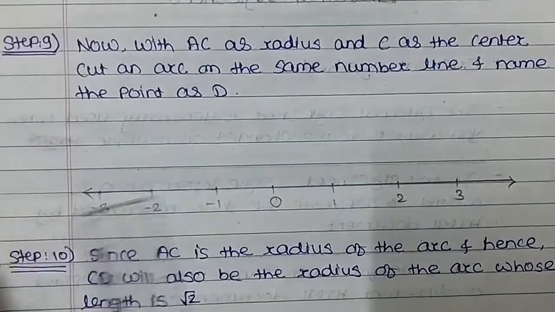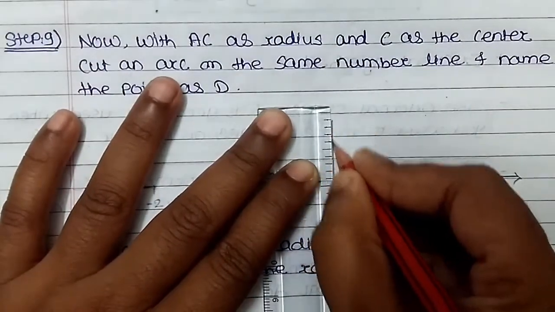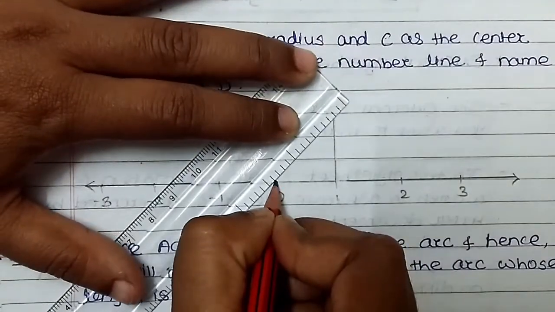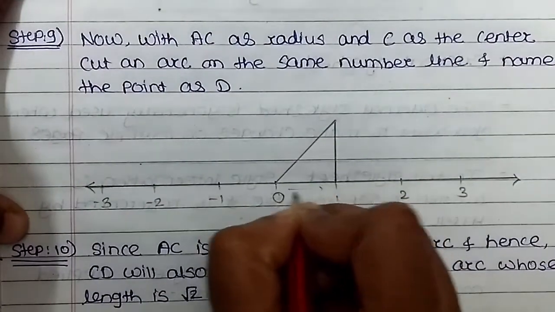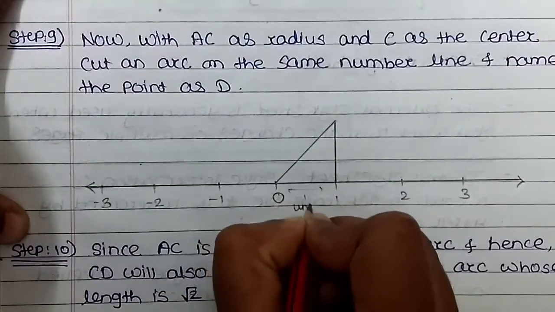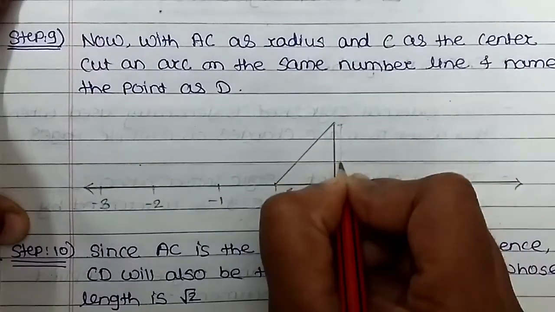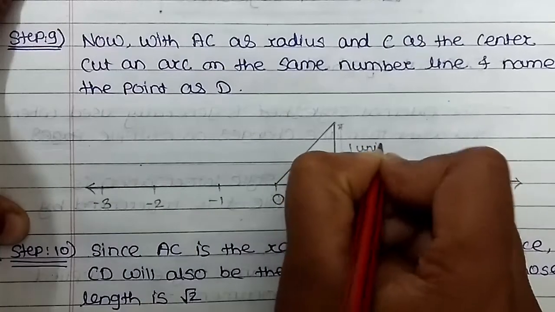Understand? Next we have to draw one perpendicular to this one, which is equal to the distance between 0 and 1, and then join this line. Understand? Then this is 1 unit. This is also 1 unit.